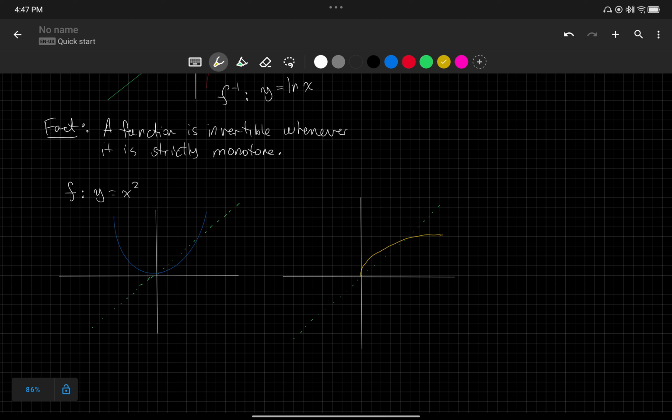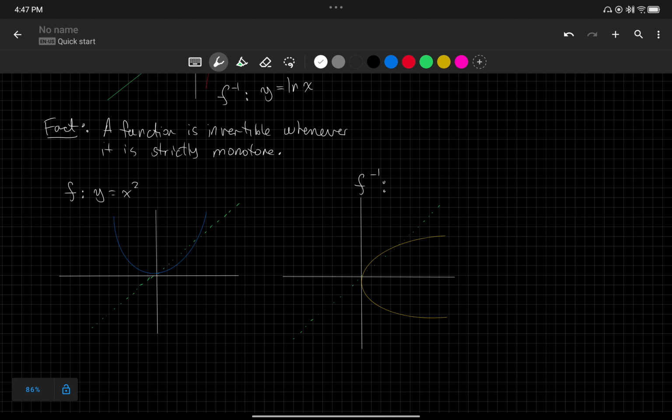Well, let me do that again. That way I can make a nice smooth picture. Okay. All right. So what we got was the inverse, but it's not a function because it doesn't pass the vertical line test. So yes, it has an inverse, but it's not an inverse function.